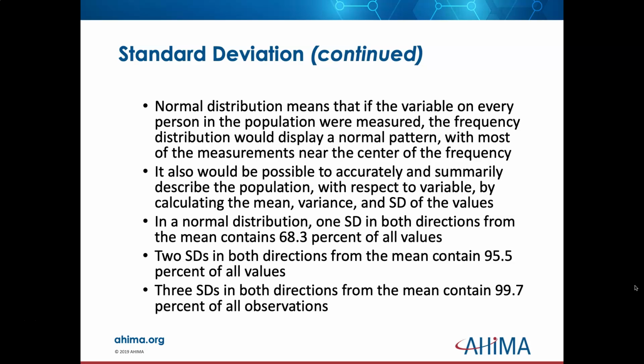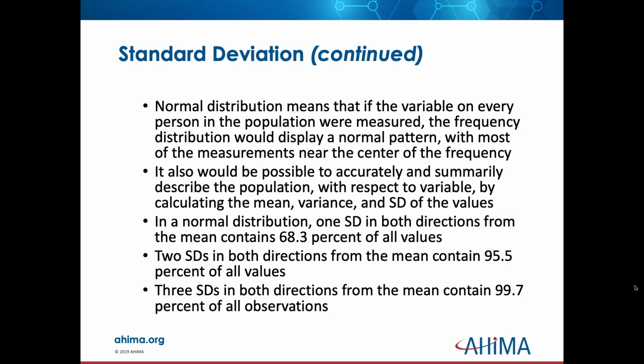Normal distribution means that if the variable on every person in the population were measured, the frequency distribution would display a normal pattern with most of the measurements near the center of the frequency. In a normal distribution, one standard deviation in both directions from the mean contains 68.3% of all values.